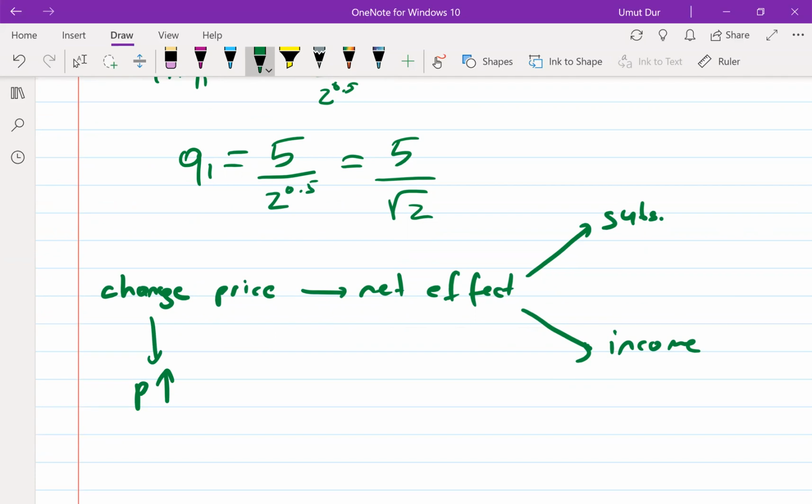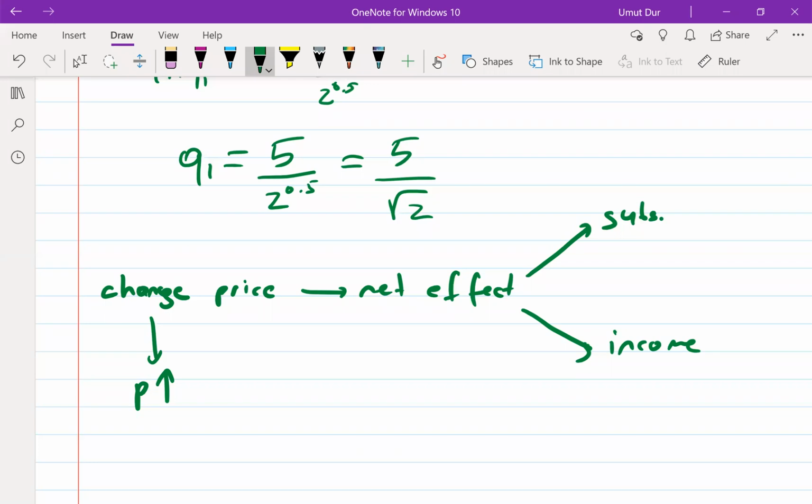So what will be the sign of the substitution effect? Do we observe a negative substitution effect or a positive substitution effect? Şimdi burada substitution effect dediğimizde sizin düşüneceğiniz şey law of demand'ı düşünmeniz gerekiyor.